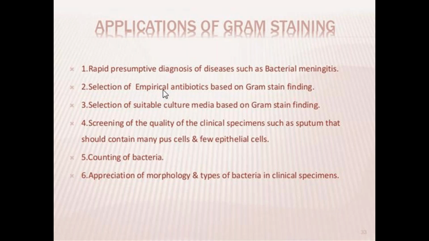Also the counting of bacteria, morphology, and different types of bacteria present in clinical specimens are identified by using gram staining techniques. Okay, and this is the main introduction to staining techniques: simple staining, and in differential staining, mainly gram staining is used for the differentiation of two bacterial species.